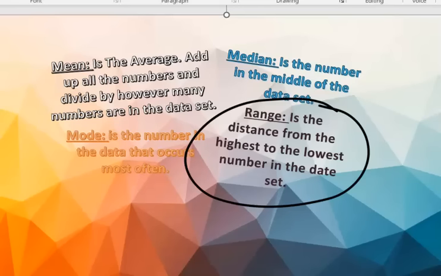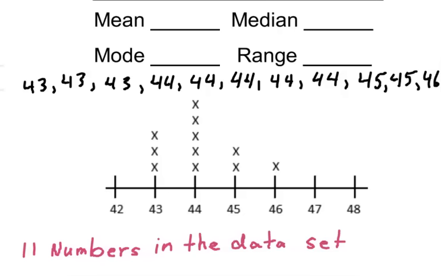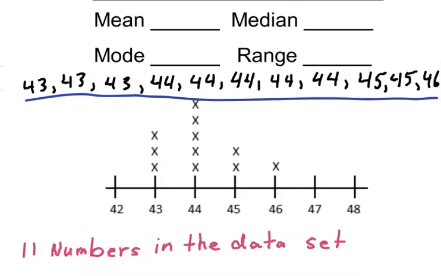That is the range. Okay, so let's find the mean, which means we have to add up all of the numbers in this data set, and then divide by however many numbers are in the data set. If we added up 43 plus 43 plus 43 plus 44 plus 44 and on, all the way through the data set, we would end up with 485.